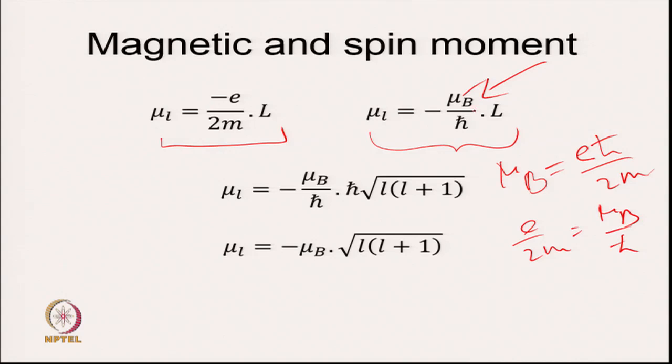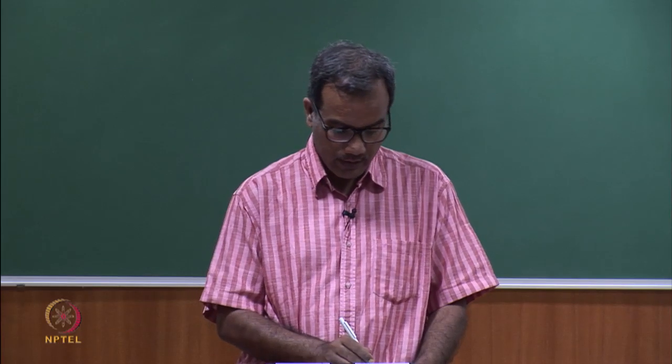So, mu L can be written in terms of mu B: minus mu B by h cross into L, and we know L is equal to h cross square root of l(l+1), and this h cross cancels out. So, mu L is equal to minus mu B into square root of l(l+1). This is your magnetic moment due to orbital movement, the electron movement in orbit.